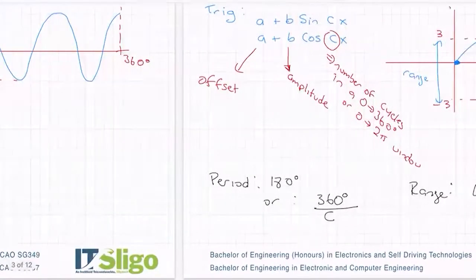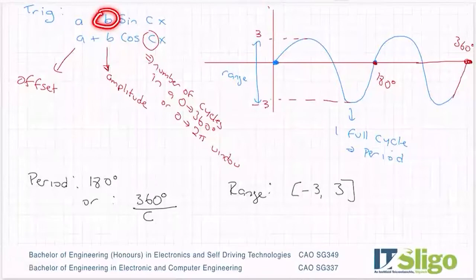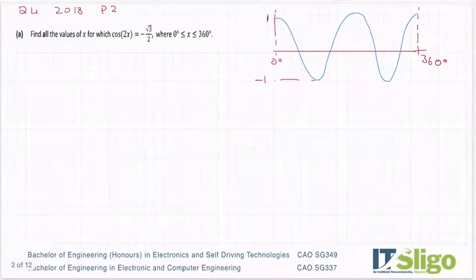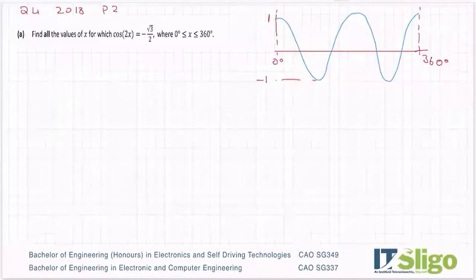Okay, because remember the b, the number in front of sine or cos, was the amplitude. So root 3 over 2 is minus 0.866. Okay, so if I find that on my y-axis, can you see that it is somewhere there? Okay, so let me just draw a line across here.